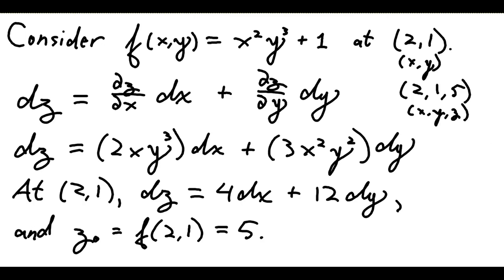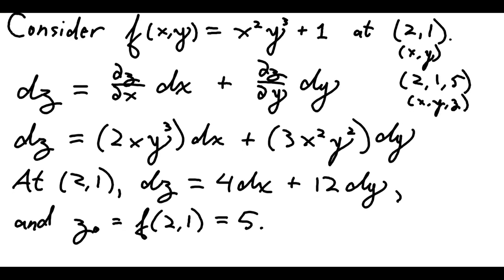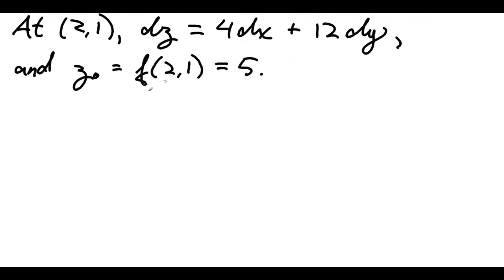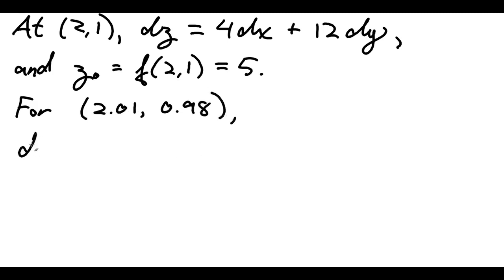So how can we use that? Well, we found our z0, and we have our total differential dz. So that is all the information we need to do any sort of nearby linear approximations. So for example, using that same point I had before, 2.01, 0.98, let's find dz.